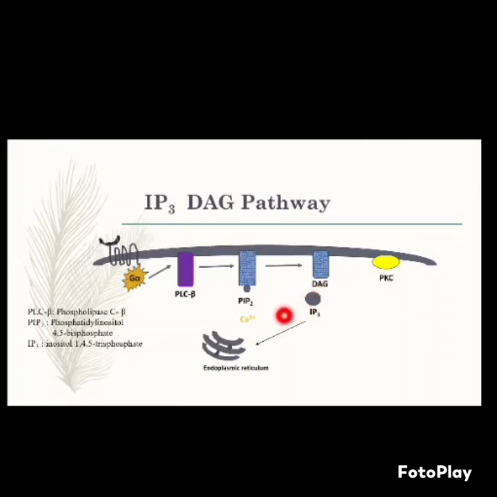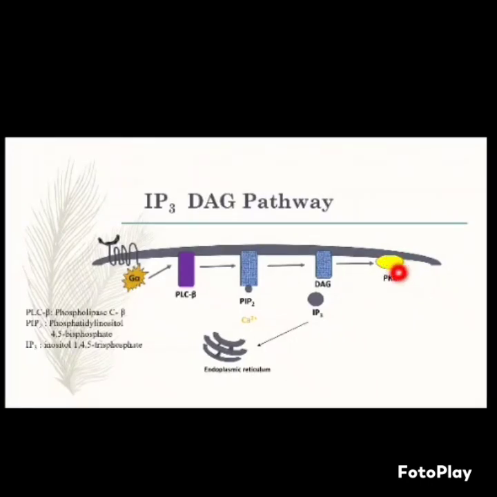After binding with this DAG, the combination of calcium and DAG will activate the PKC, that is our protein kinase C. This is a kinase, so it can phosphorylate other proteins.